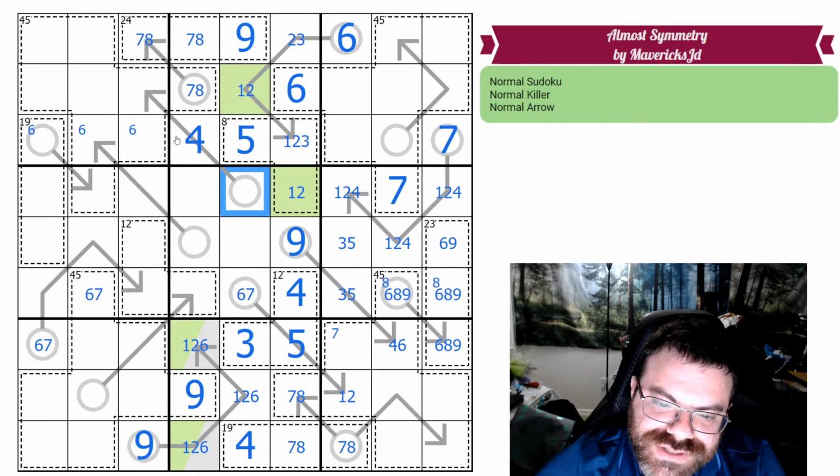So this is bigger than 4, can't be 5, so it's 6, 7, or 8. Can't be 7 either. It's actually just 6 or 8, which makes this 2 or 4.